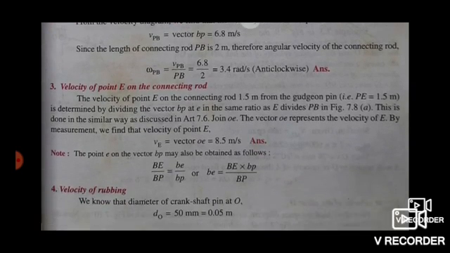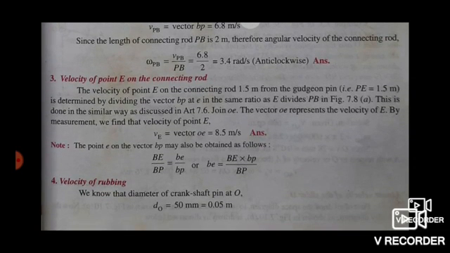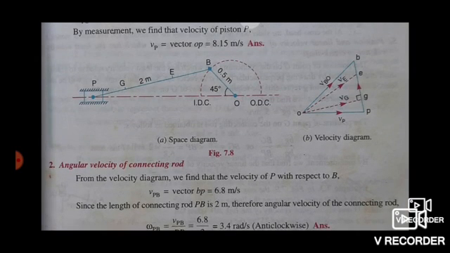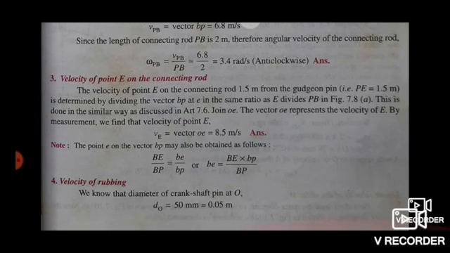Third point, velocity of point E on connecting rod. The velocity of point E on the connecting rod, 1.5 meter from the gudgeon pin, PE equal to 1.5 meter, is determined by dividing the vector BP at E in the same ratio as E divides PB in figure 7.8a.